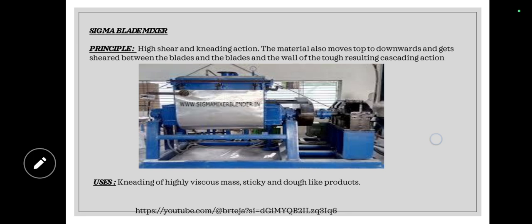The material also moves top to downwards and gets sheared between the blades and the wall of the trough, resulting in cascading action. Okay, what are the uses of sigma blade mixer? Kneading of highly viscous mass and sticky, dough-like products.